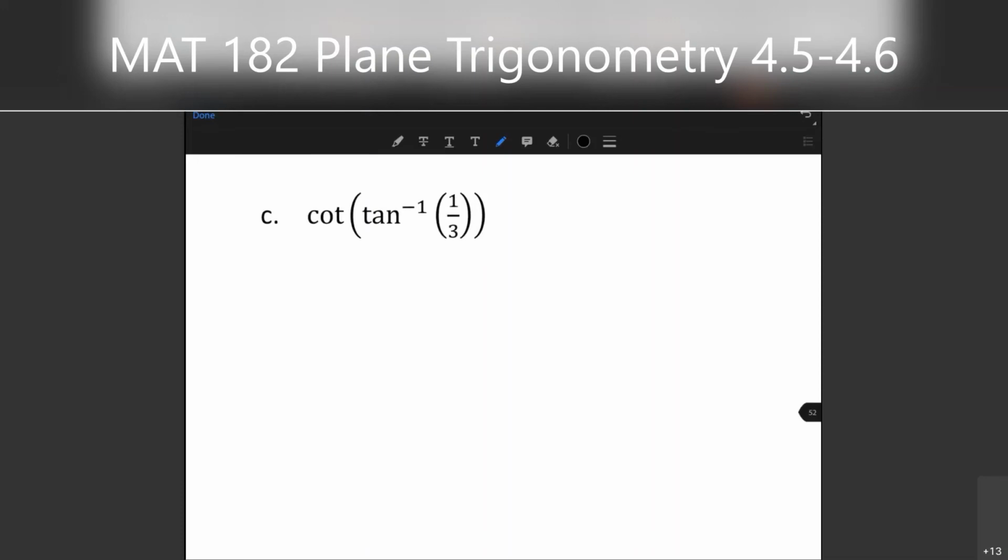So one thing, for a cotangent and a tangent combo, notice that these are going to be reciprocals of one another. So we can think about drawing a tangent of 1/3. Again, it's going to be in the first quadrant. That would be 1/3 for that theta angle.